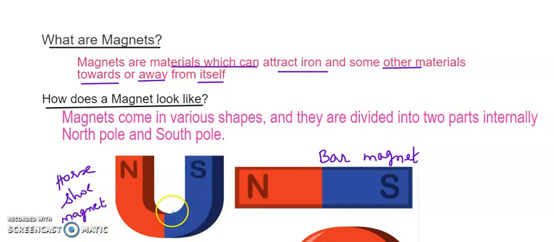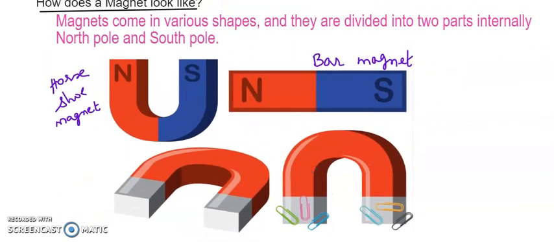Now a magnet is always internally divided into two parts, north and south. The horseshoe magnet also has north and south. One end will behave as a north and the other end will behave as a south, and it will attract or repel certain materials towards itself. So let's look into a few properties of a magnet.